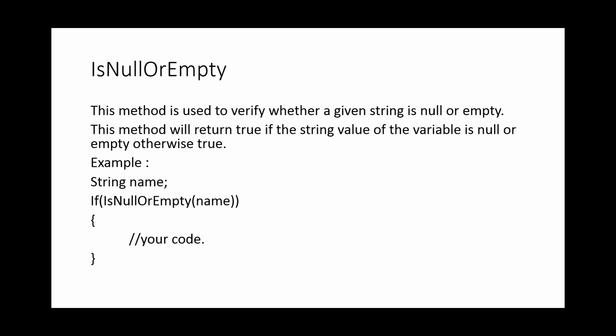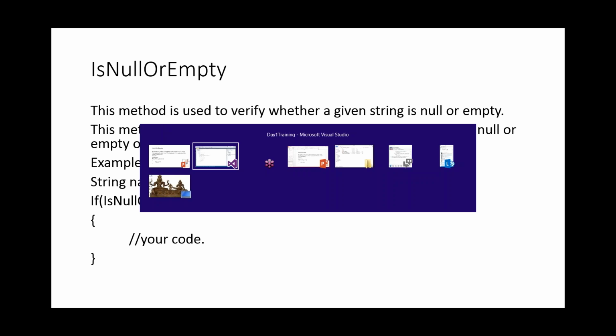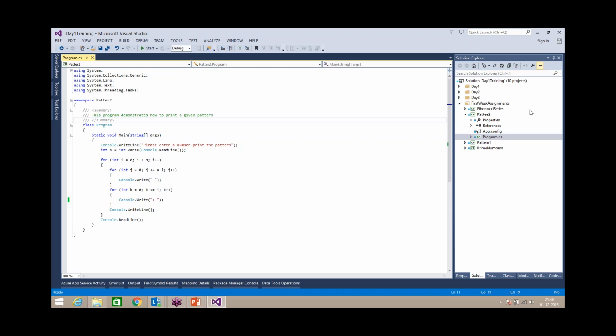If you declare a string and you don't provide any value to it, it will be a null value or an empty value. To check whether a string variable is null or empty, we use the string.IsNullOrEmpty method. That we will see here.